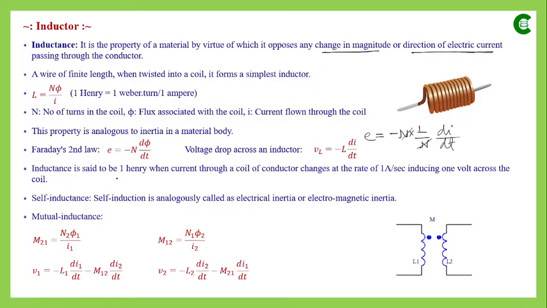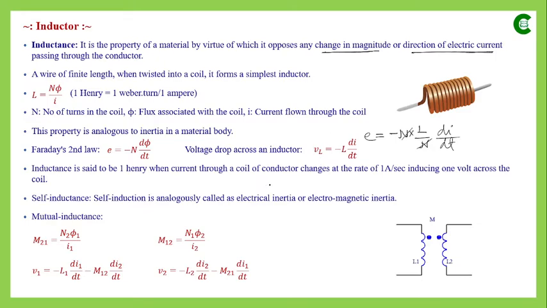So this definition of inductance having value 1 Henry can be explained from this relationship, where the current through a coil changes at the rate of 1 ampere per second. So that means it is talking about this di by dt inducing 1 volt across the coil. So it is talking about this VL. So basically L will be VL divided by di by dt.